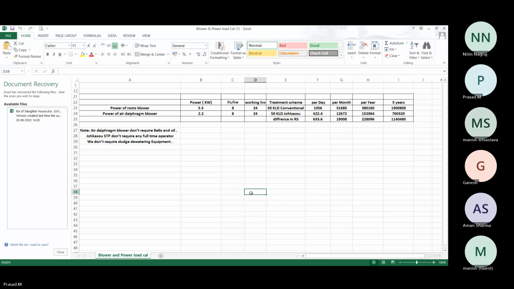Another thing you can see in my note: the air diaphragm blower doesn't require belts and oil. Johkasou STP doesn't require any full-time operator or sludge dewatering equipment. If you put this cost in, then you will get more clarity, and you can sell this product easily, definitely.